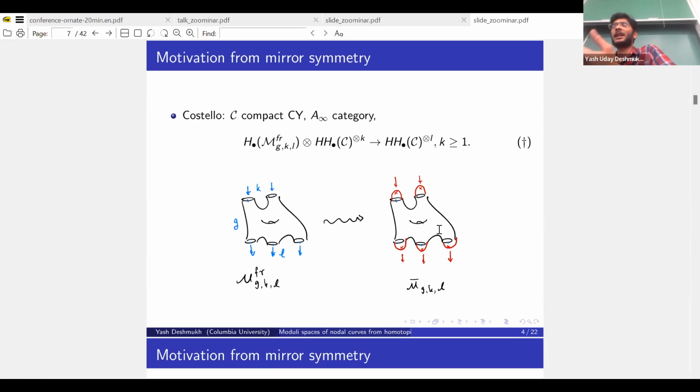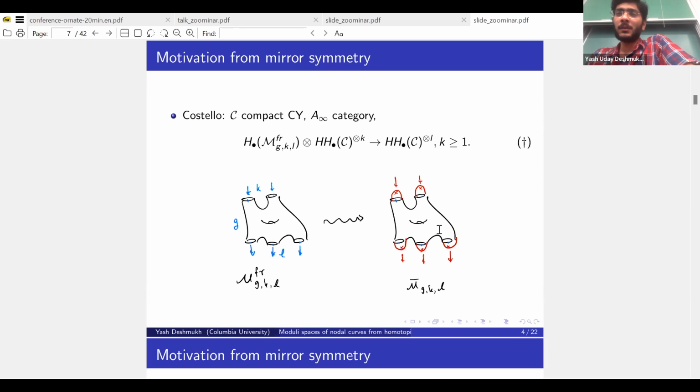So in total, there are k plus l marked points, k of which we designate as input and l of which we designate as output. And the map itself is given by just capping off these boundaries by gluing in disks there and putting marked points at the centers of these disks. Okay, so this is the map from framed Riemann surfaces to the Deligne-Mumford compactification.